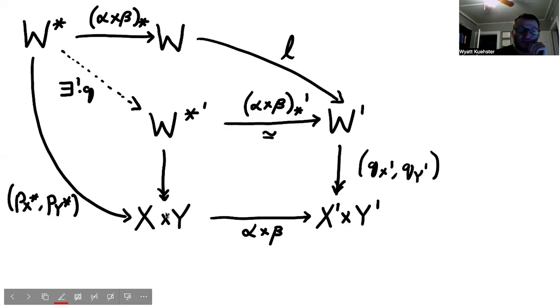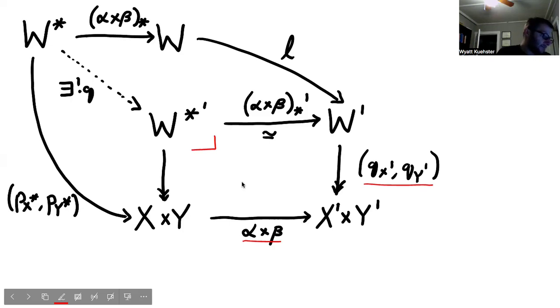Okay, so then I also get to form these 2 pullback squares. One of them I'll call the pullback square that I form with alpha cross beta and the Qx prime, Qy prime. I'll call that W star prime. So that's one pullback square I get to form. And then I get to form another pullback square using W star and W. It's the same one as we had before, and alpha cross beta.